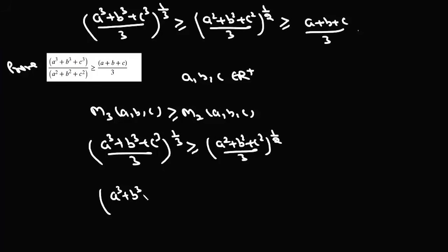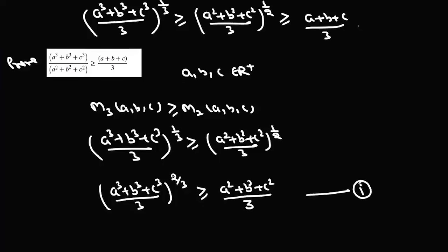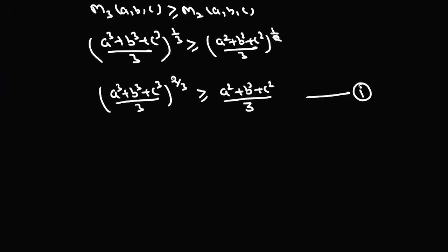((A cube plus B cube plus C cube) upon 3) to the power 2 by 3 will be greater than or equal to (A square plus B square plus C square) upon 3. So that's our first inequality relationship. Now we also know that M3 is greater than or equal to M1.